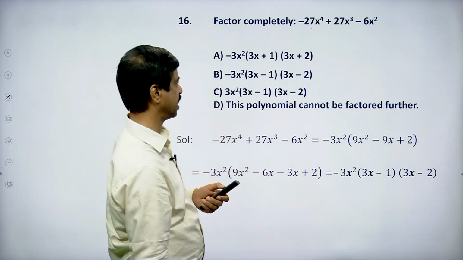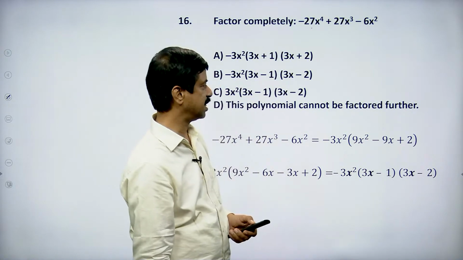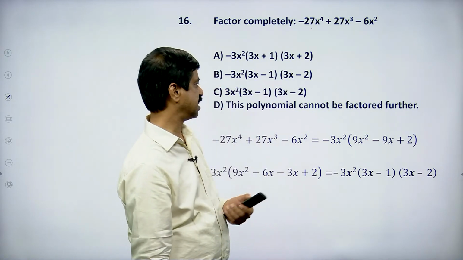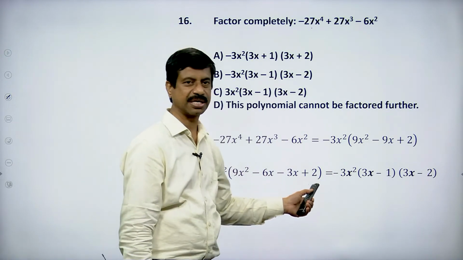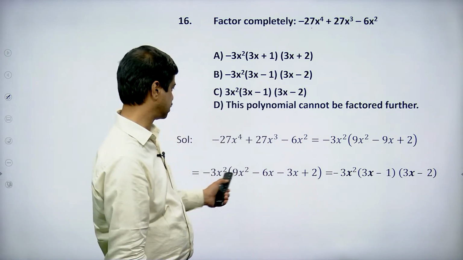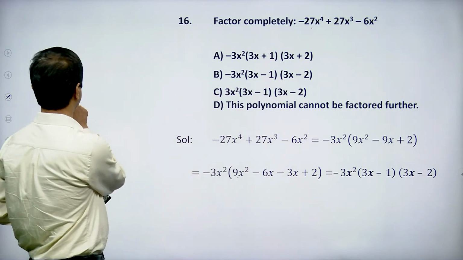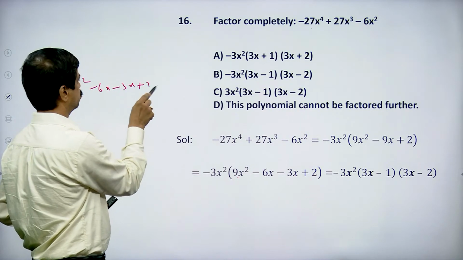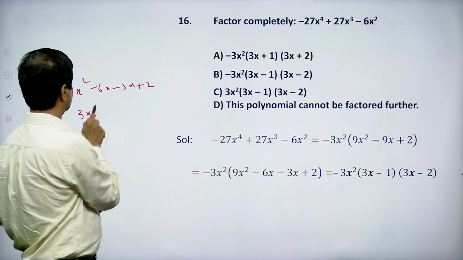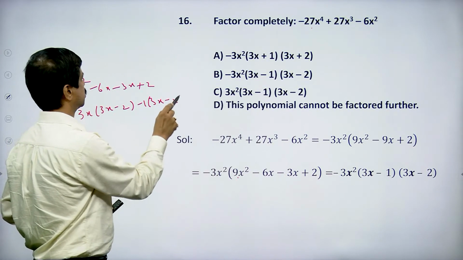Can you further break it into factors? 9 2s 18, plus 18 can be minus 6 into minus 3. So, further we are breaking into factors. Take minus 3x square as it is. If you take 3x common here from 9x square minus 6x minus 3x plus 2, you will get 3x minus 2 minus 1 common 3x minus 2.